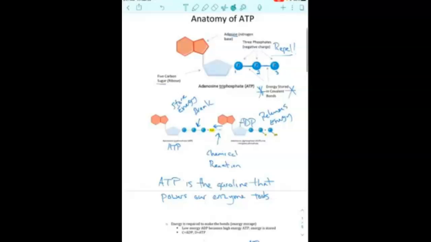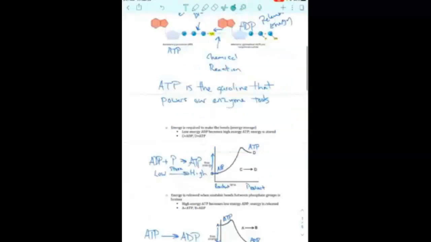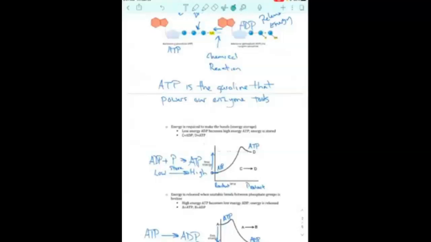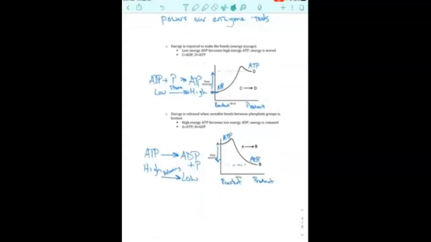Okay? We think of ATP as like the gasoline. It's the gasoline that powers our enzyme tools. So we think of enzymes as not just mechanical tools, but power tools. They require energy. And so there's 2 chemical reactions here. When we make ATP, that's the first graph, we store energy. When we break down ATP into ADP, we release energy.